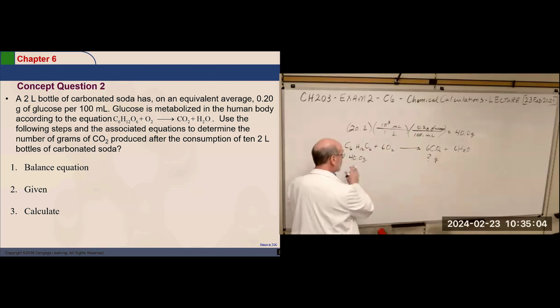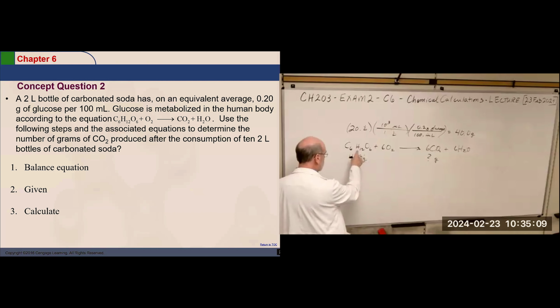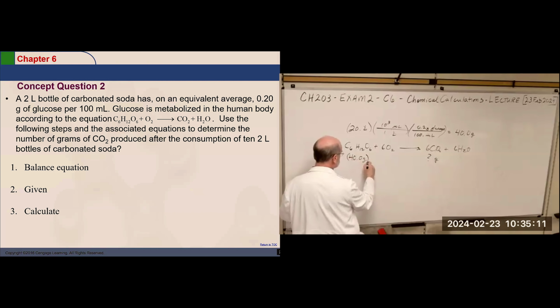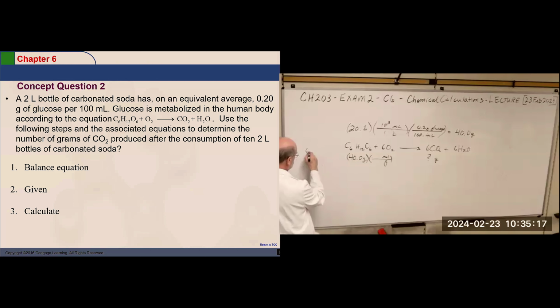Okay, so remember, you can't go anywhere in this equation unless you're in moles. So we've got to convert that many grams of glucose to moles. So we need the molar mass of glucose. 6 times 12.01, 12 times 1.01, and 6 times 16. It's a big molecule.